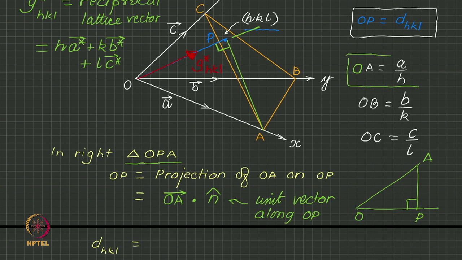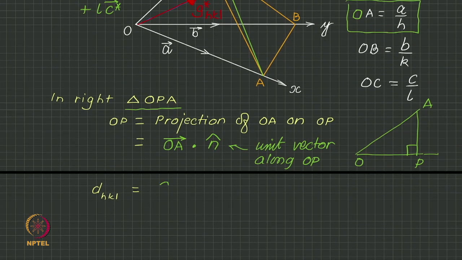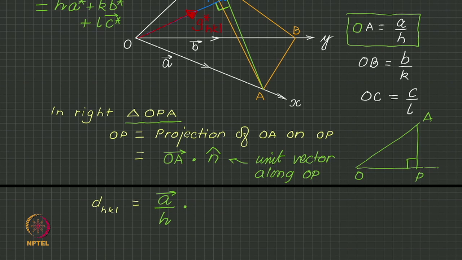The length of OA is A by H, so the vector is A by H. And n we can write in terms of a vector we know along that direction, G star HKL, divided by the magnitude of G star HKL. That is the unit vector n. Are you happy with this?